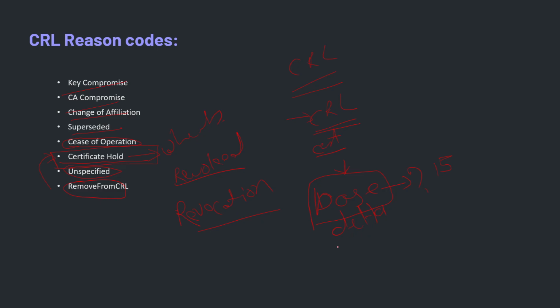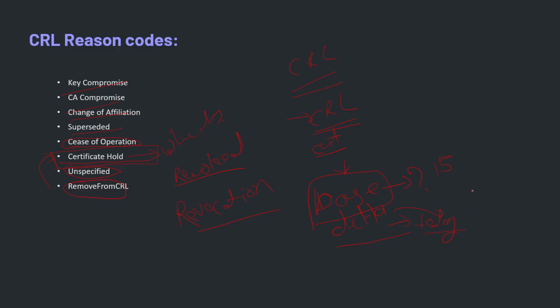Contrary to that, the delta CRL will get published after every couple of hours or after every 24 hours, and it will contain only the certificates which were revoked after the base CRL was published. So if my base CRL was published today, then this delta CRL will contain only certificates which are revoked after my base CRL was published today.